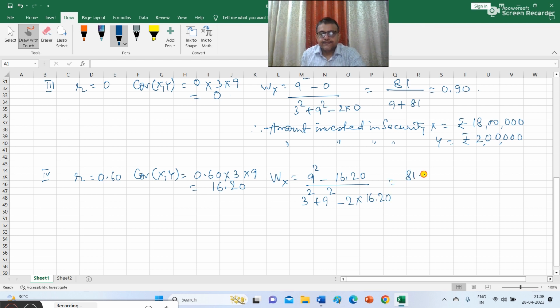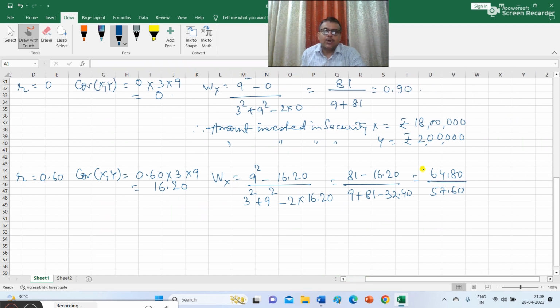So you will get the weight of X as 1.125. Now, this is an absurd situation. It cannot be more than 1. Since Wx is greater than 1, this is absurd. It can't be. So, what is your conclusion?